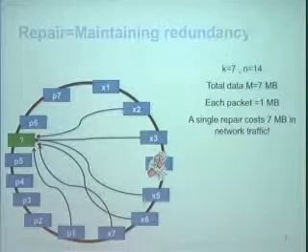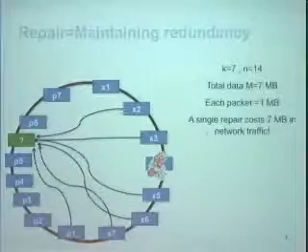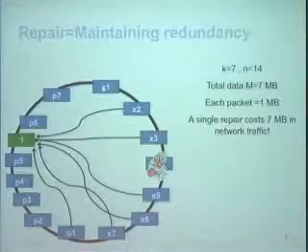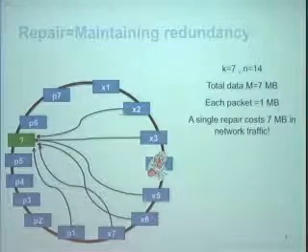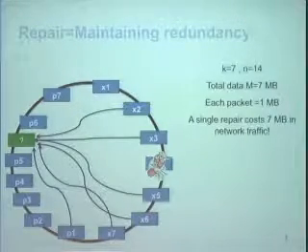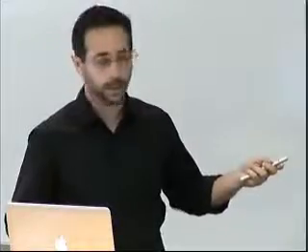That was 7 megabytes of communication over the network. Then this node would solve for x1, x2, x3 up to x7, create the lost packet or a new linear combination, and store that.